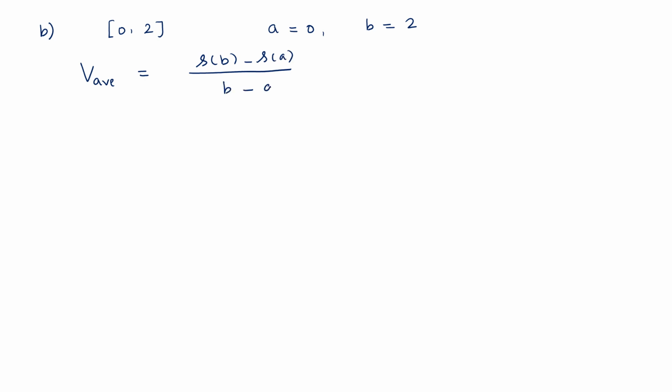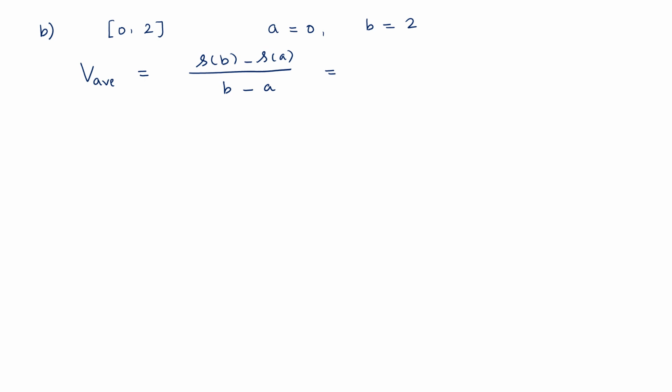Now the answer for question B. The time interval is 0 and 2 given. So starting time is denoted by a, so a equal to 0 and b equal to 2. So for average velocity, we have the formula: s of b minus s of a over b minus a.